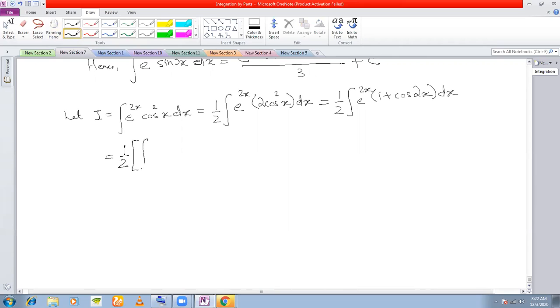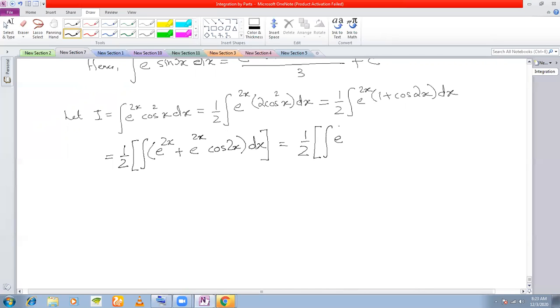Now we can do this very easily. Distribute the integral, or in fact first multiply. You get e to the power of 2x plus e to the power of 2x cos 2x, whole thing dx. Now this is half. Now you can distribute the integral.